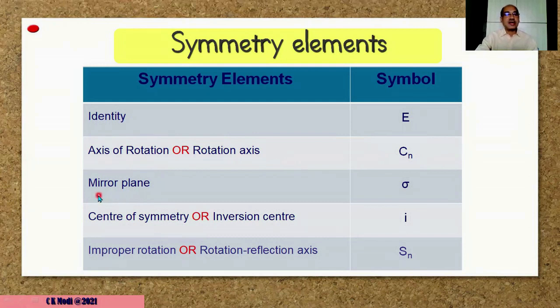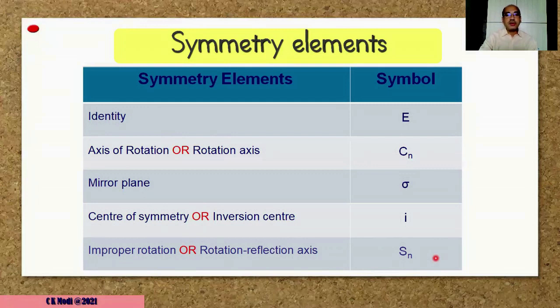The third is called the mirror plane, symbolized by sigma. The fourth is called the center of symmetry, or inversion center, symbolized by i. And the fifth is called improper rotation, or rotation reflection axis, symbolized by Sn. So these are the 5 important symmetry elements.